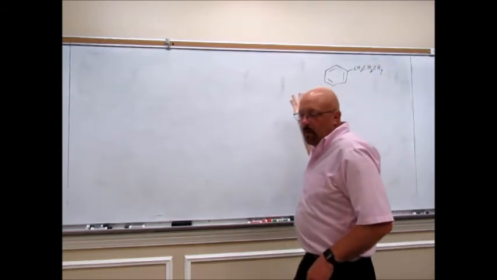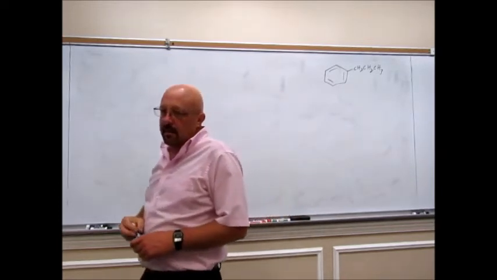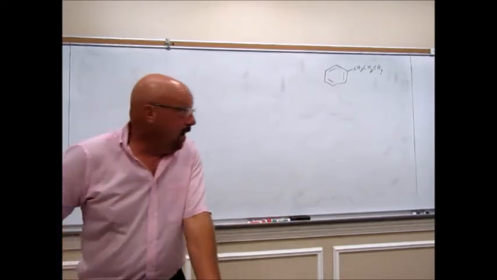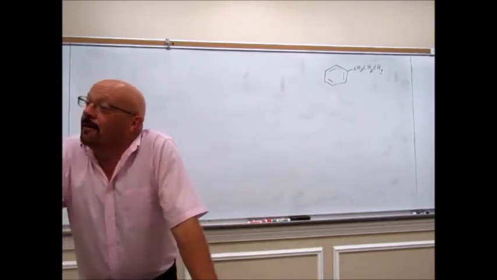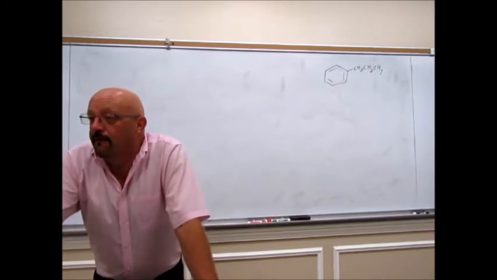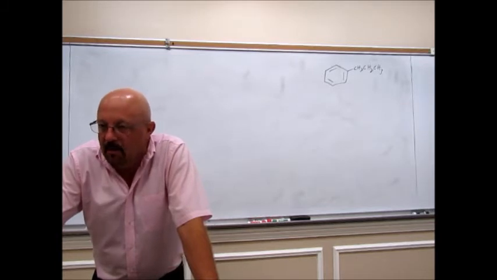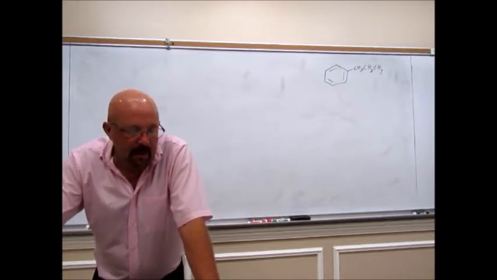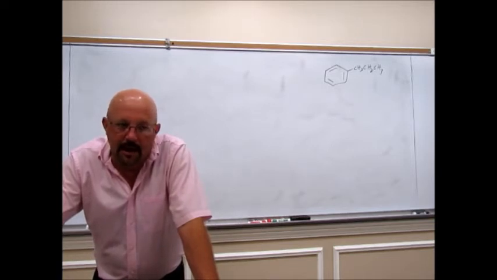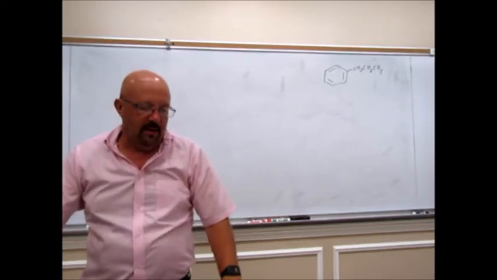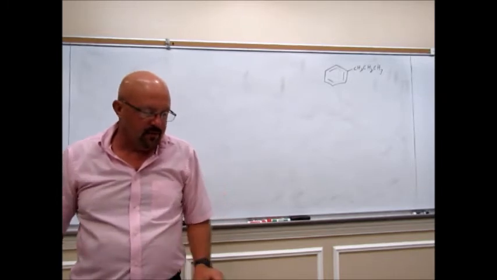We didn't make that one because it rearranged when we tried to make it. What if I really wanted to make it though? What if I needed that compound for some specific purpose? How can I make it? How can I avoid the cation rearrangement? That's what we're going to be looking at next, one of the ways that we can avoid that rearrangement.